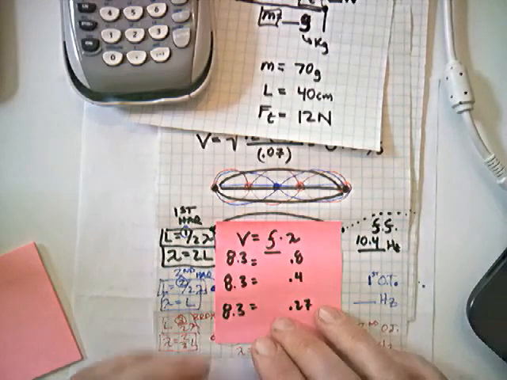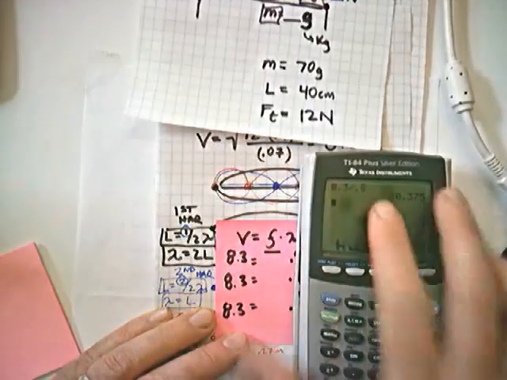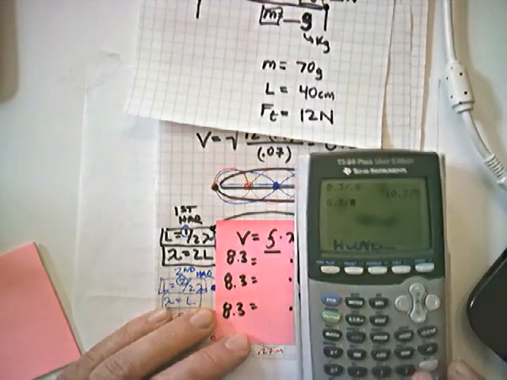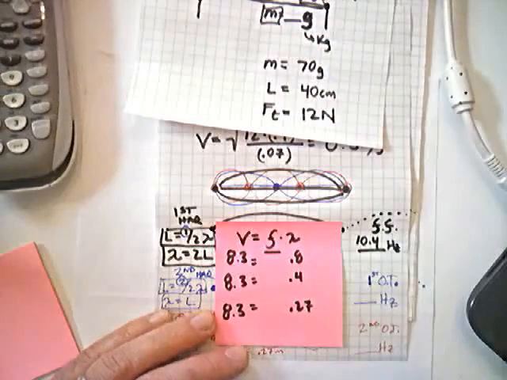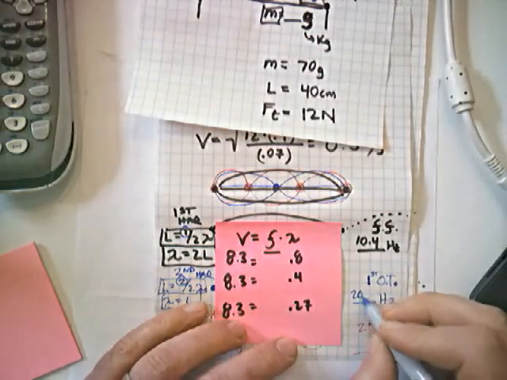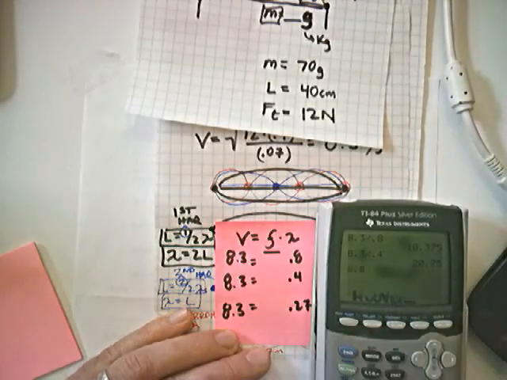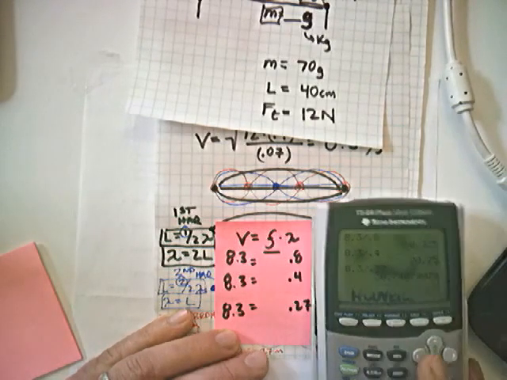Let's do it for the first overtone now. So we're going to take 8.3, and then I'm going to divide it by 0.4. I get 20.75. So let's just say 20.8. Let's do it one more time here. 8.3 divided by 0.27, and that wasn't exact, but good enough.